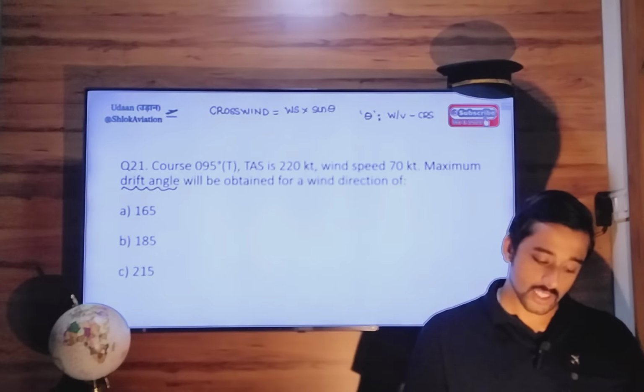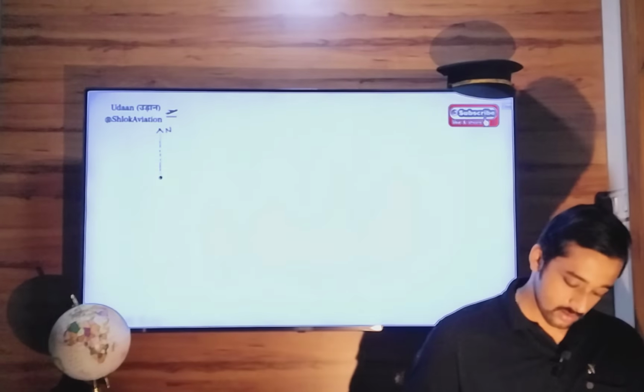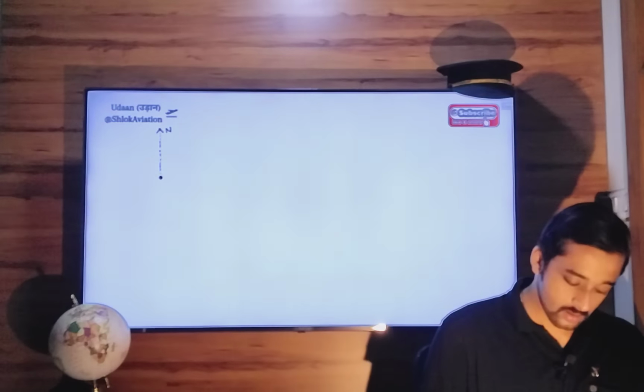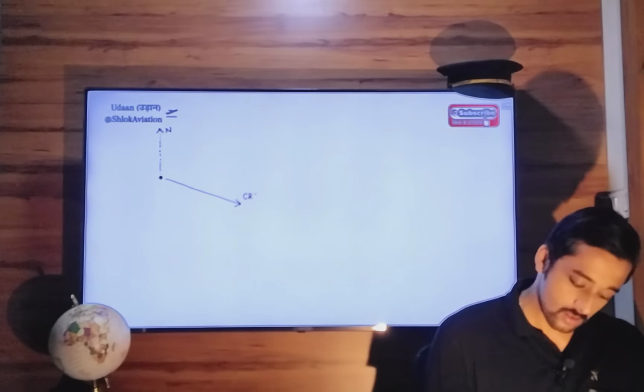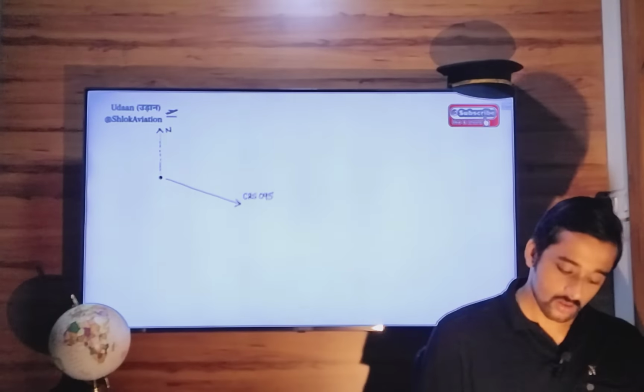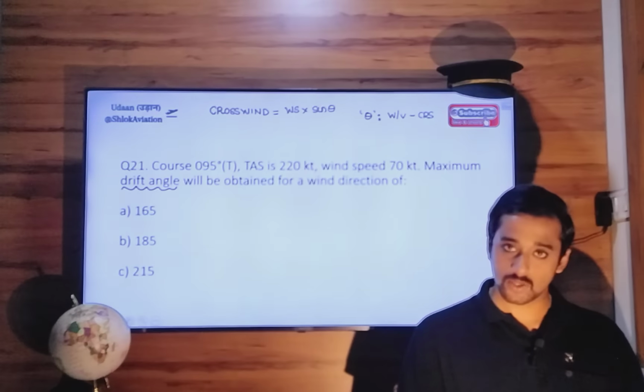So here the course that you are flying is 095. TAS is 220 and wind speed is 70 knots.